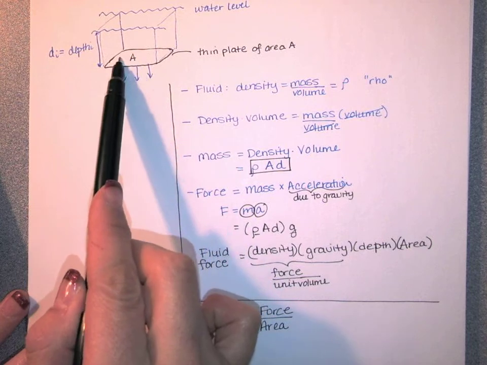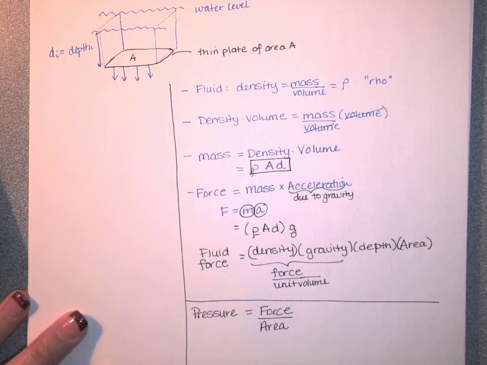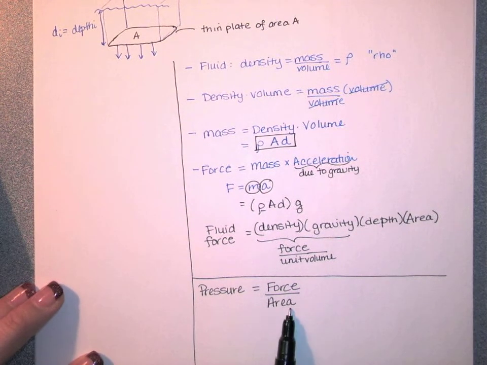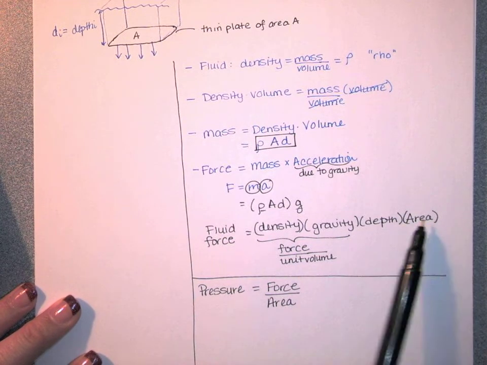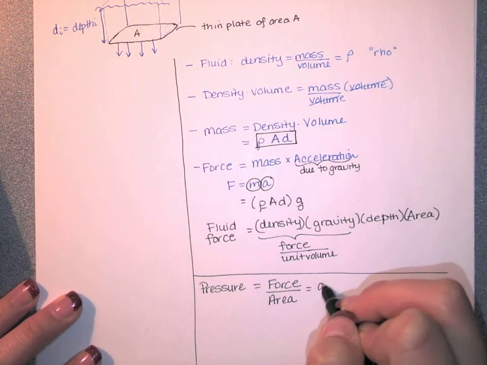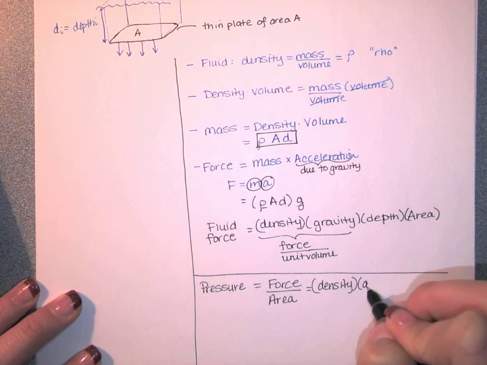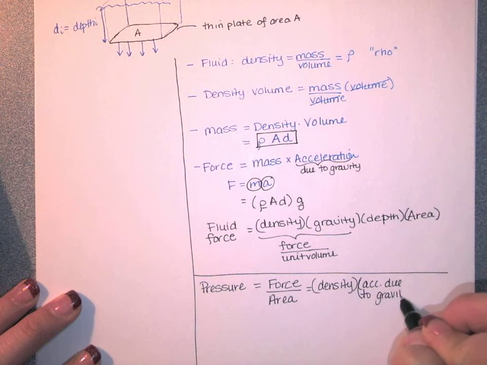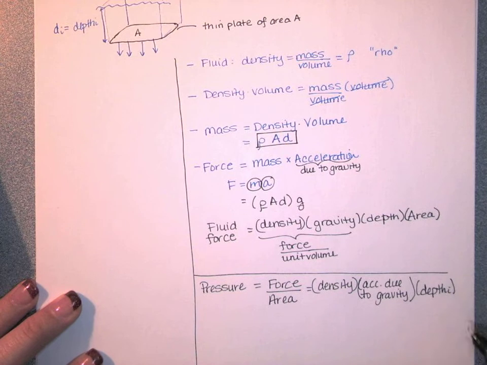Is there a lot of force acting on a tiny area, or is the same amount of force more spread throughout a larger area? That's going to lead to a decrease in our pressure. So pressure is force divided by area, and notice up here, the area is on the end. Force divided by area is going to be density times gravity times depth. So this is density of the fluid times acceleration due to gravity times our depth below the water level, or that fluid level.